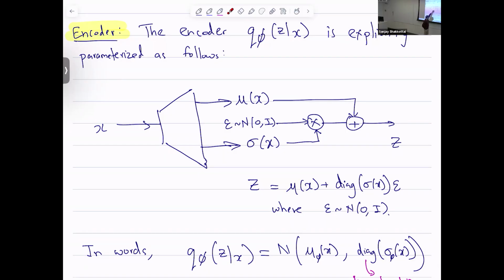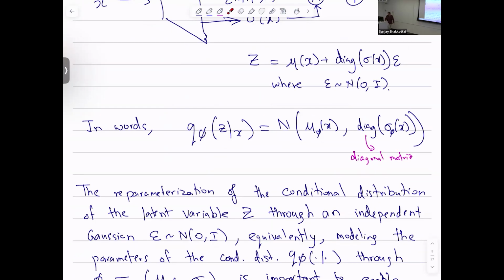You have an independent Gaussian, and so Z is just mu of X plus diag sigma of X, since you assume it's independent across coordinates, so there are no cross terms, times this epsilon, which is in the m dimension. That's the Gaussian. In words, Q is basically Gaussian with mean mu and variance sigma, with phi parameterizing this mean and variance. So this is the encoder side of it.